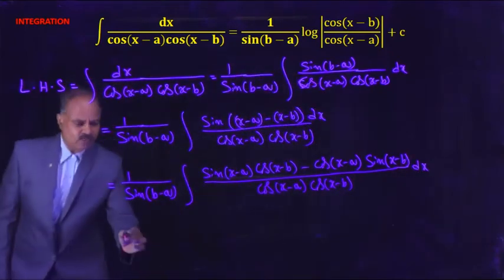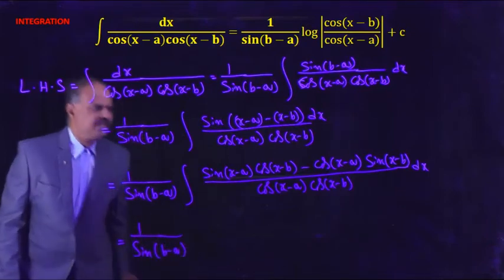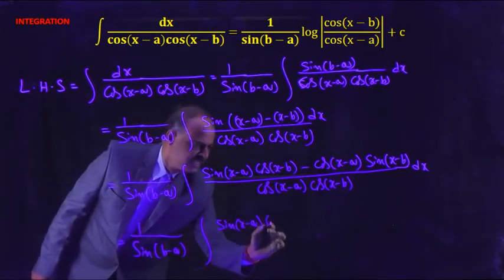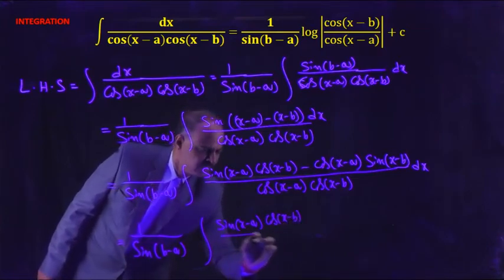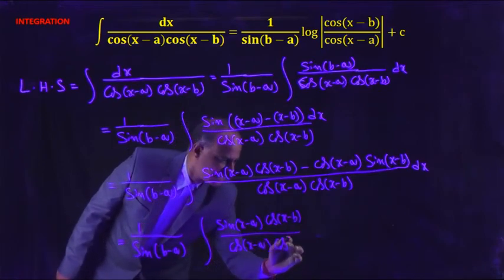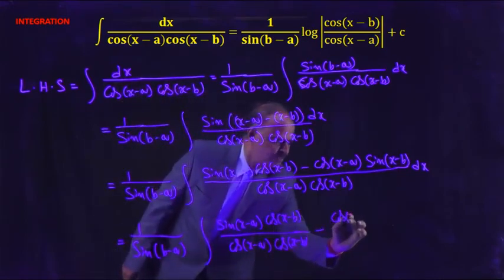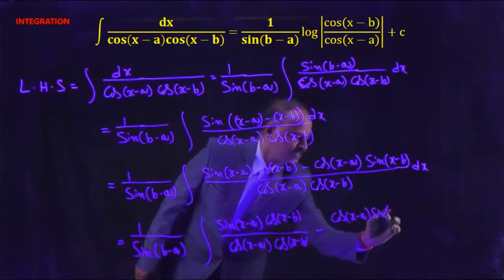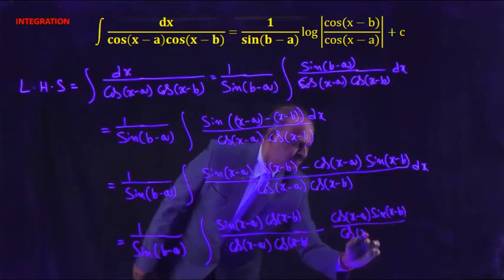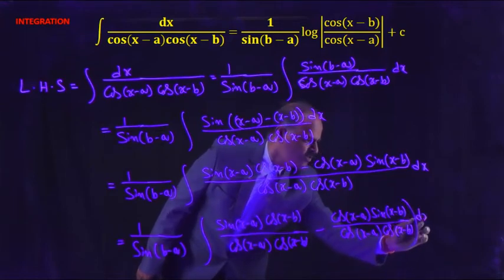Now this is equal to 1 by sin(b minus a) into integral sin(x minus a) into cos(x minus b) divided by cos(x minus a) into cos(x minus b) minus cos(x minus a) into sin(x minus b) divided by cos(x minus a) into cos(x minus b) into dx.